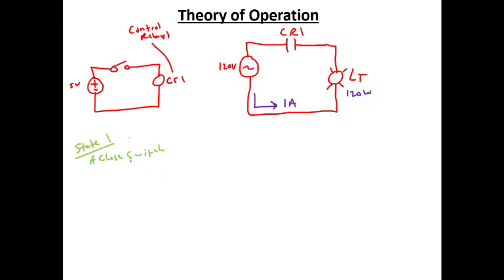So that means that if we were to draw this again, somebody actuates the switch. So this is closed. So now our CR1 is energized. So this means that the electromagnet is on, the coil is energized.